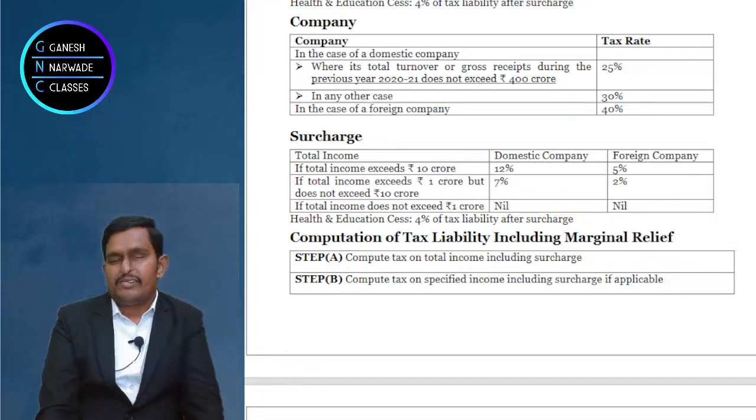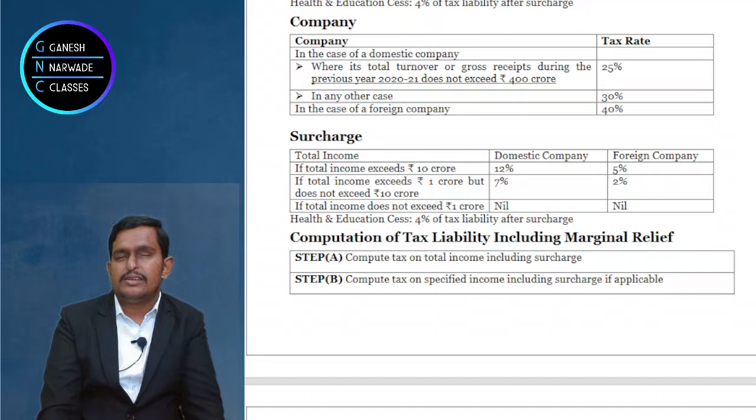Suppose individual income is 51 lakhs rupees. Now simply 0 to 2 lakh 50 nil, 2 lakh 50 to 5 lakhs 5%, 5 lakhs to 10 lakhs 20%, 10 lakhs to 51 lakhs 30%. So it will come to around 13 lakhs 40-50,000.